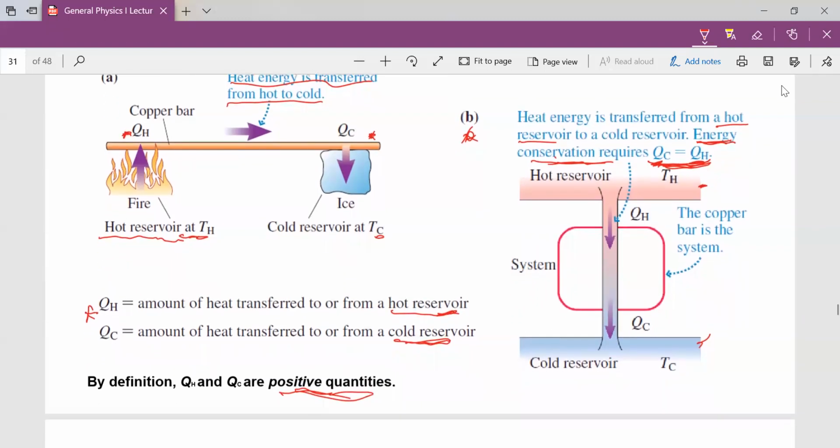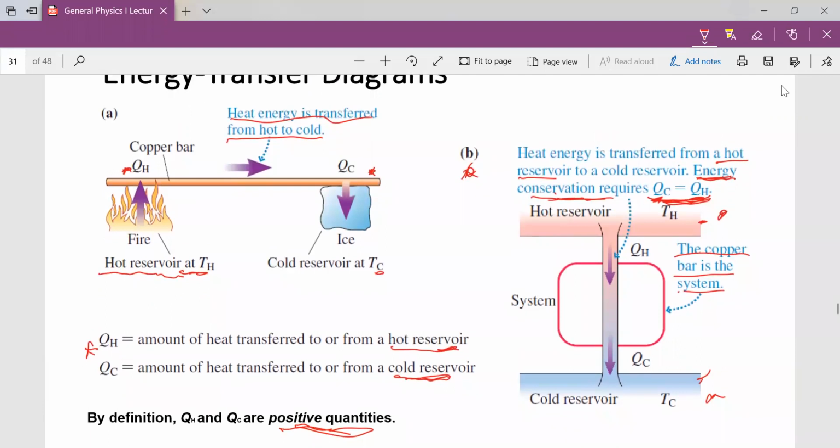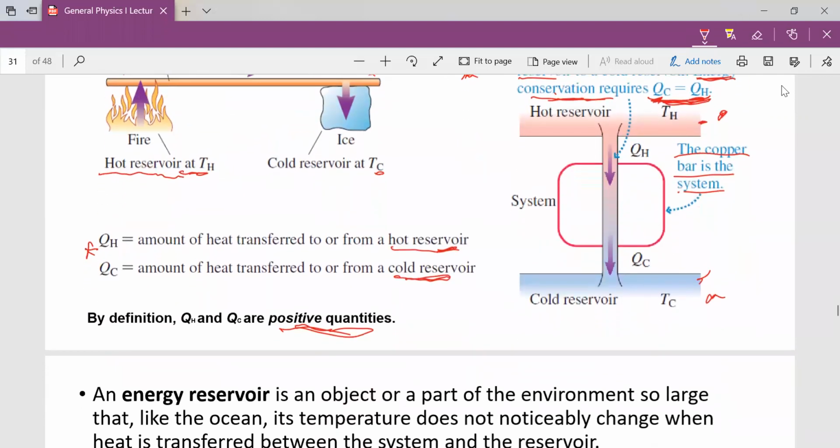All right. In the same vein, this is the hot reservoir, and this is the cold reservoir. And this is the copper bar that is serving as the system marked out with the red sign there. Now, what we want to buttress here in the energy transfer diagram is that the natural process of heat flow will go from the hot reservoir to the cold reservoir.